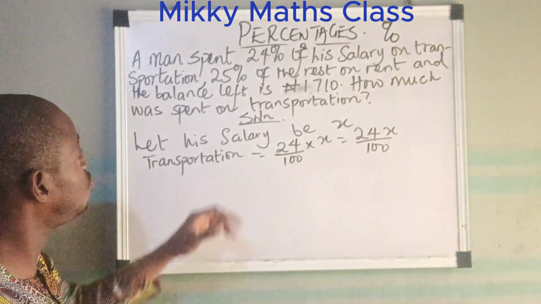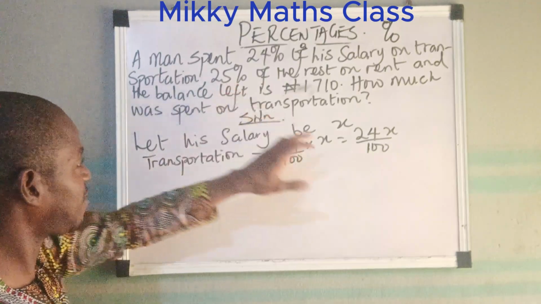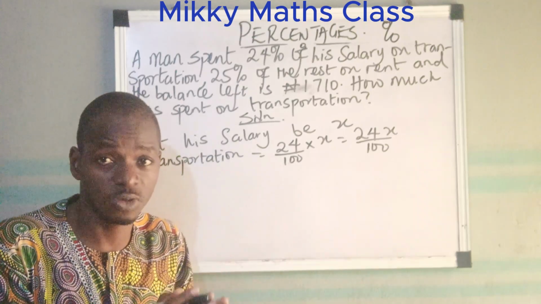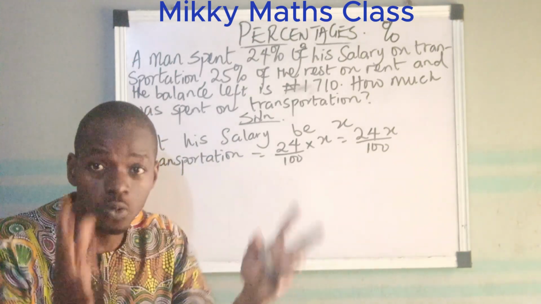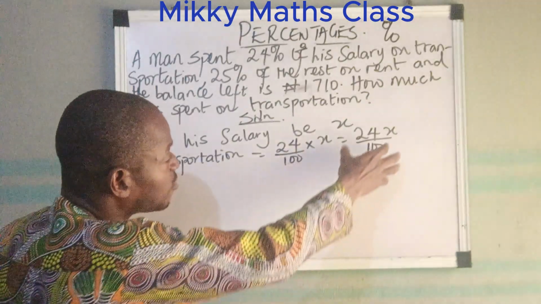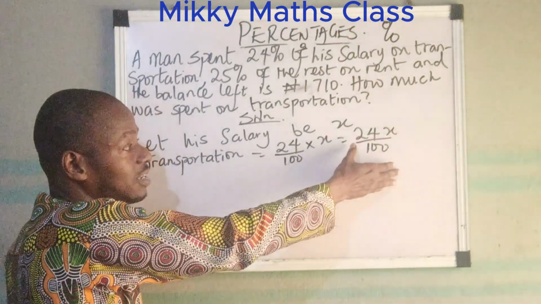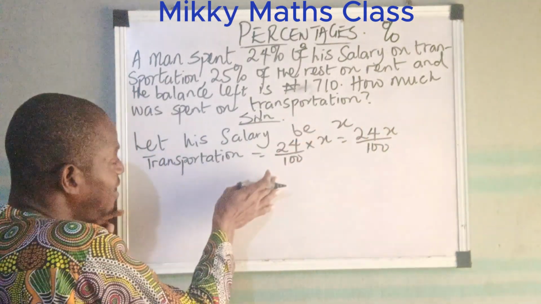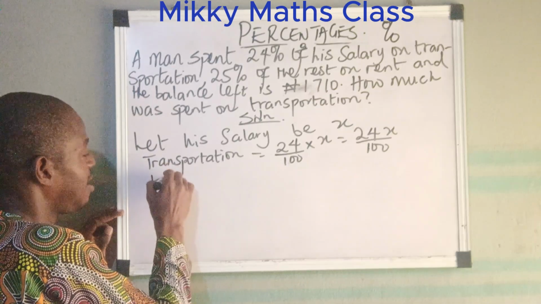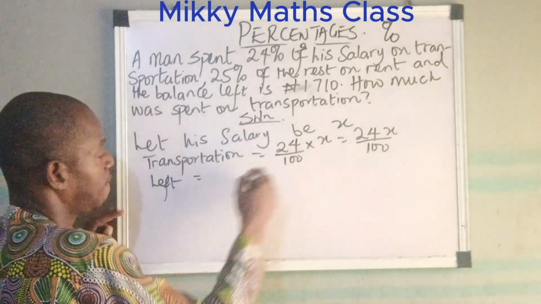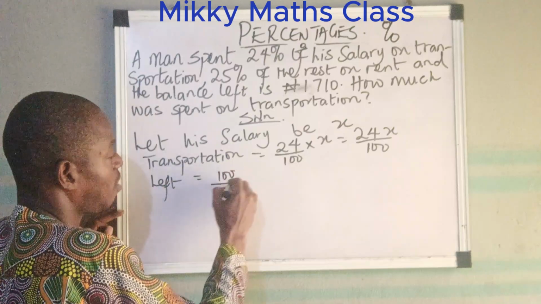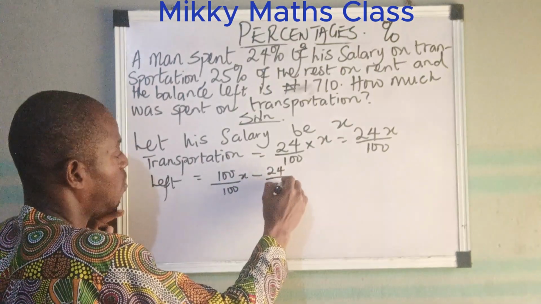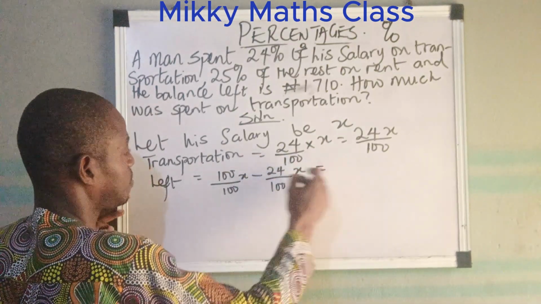Now the next thing we do, after he has spent 24 over 100x of his salary on transportation: the salary was a whole, that's 100%. So if you have spent 24 over 100x out of it, the amount left will be 100 over 100x minus 24 over 100x.